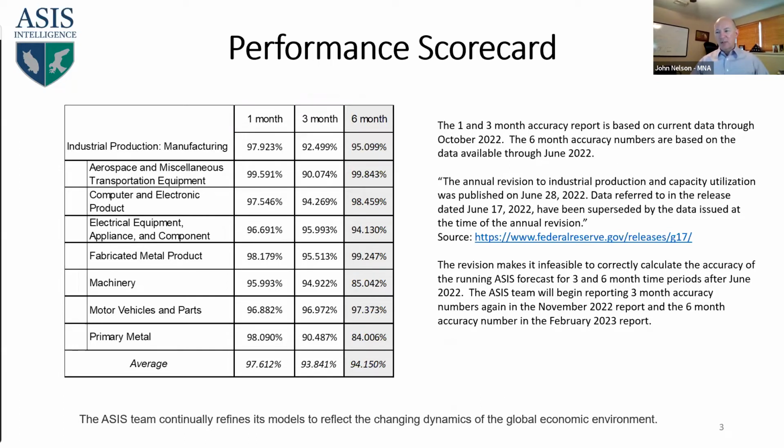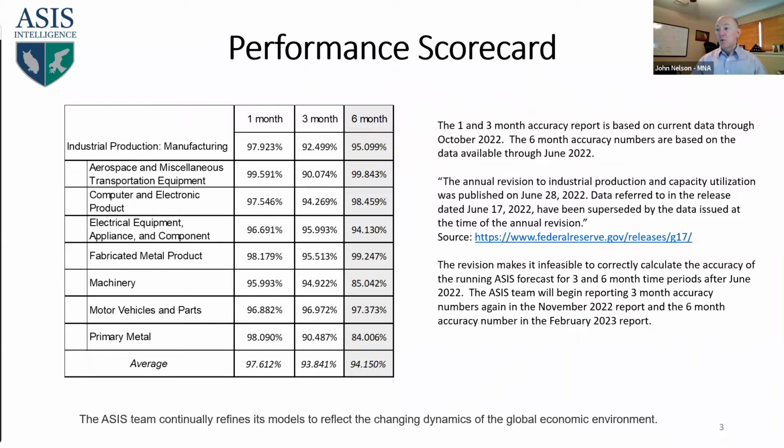Well, what that accuracy means is, let's say the 6 month data. At time zero, we project, let's say it is December. 6 months from now would be June. In December, we projected a specific index number for IP man.